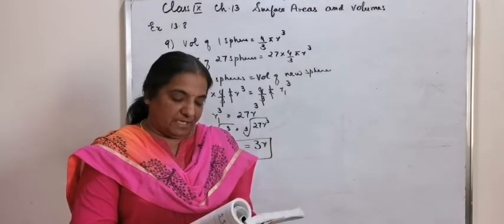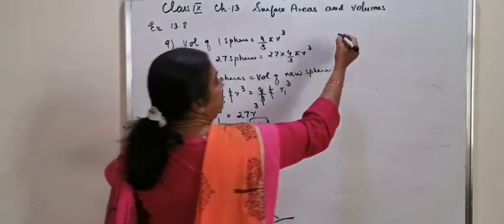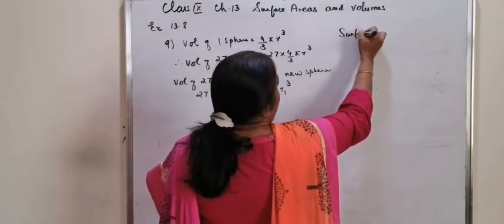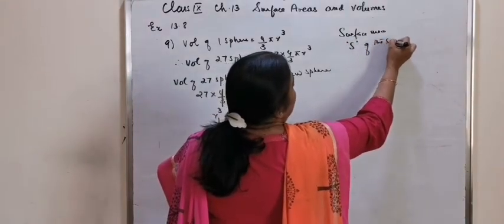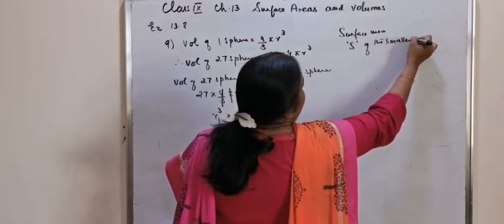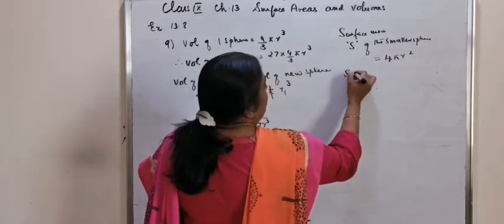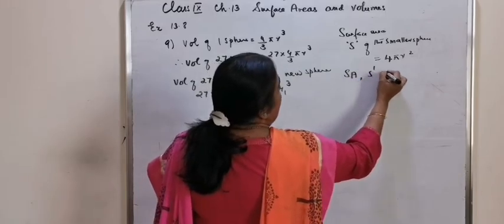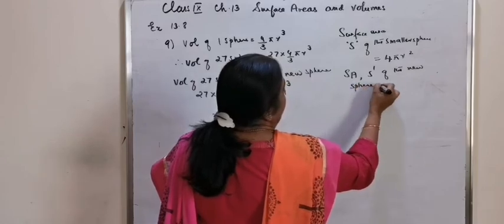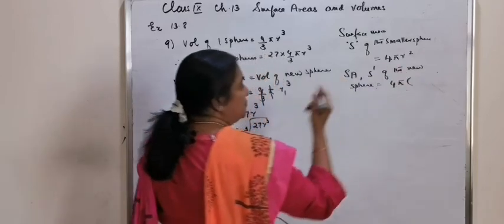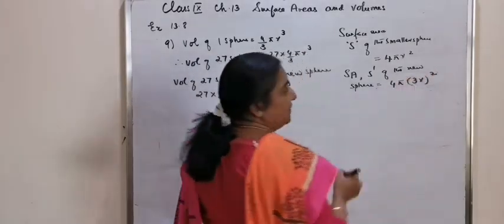And now the ratio of s and s dash. The surface area s of the smaller sphere is 4 pi r square. The surface area s dash of the new sphere formed is 4 pi into the radius, which is 3r, the whole square.